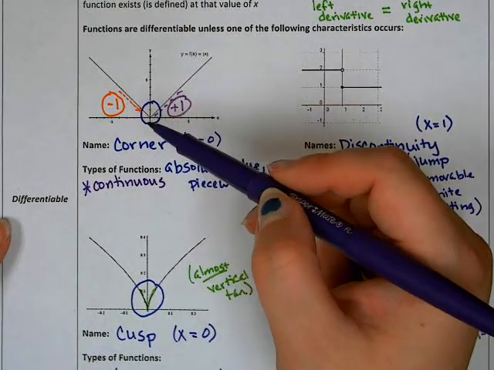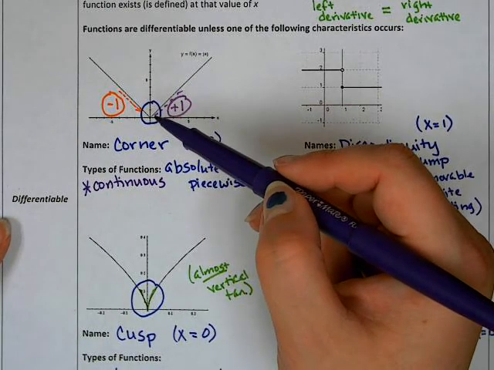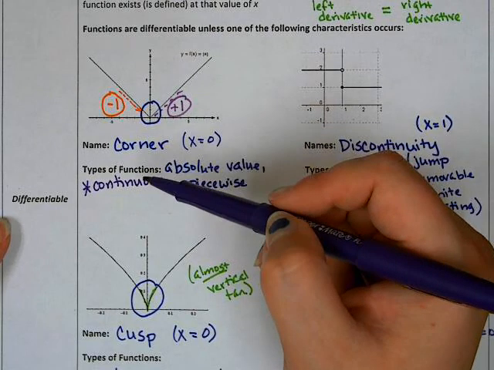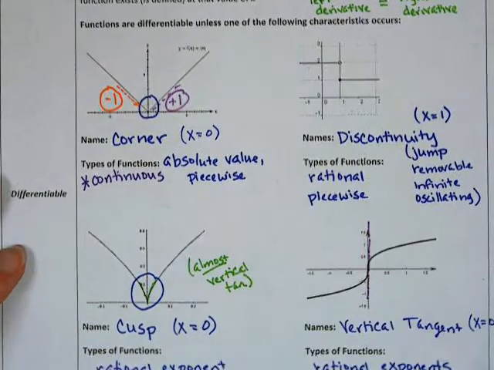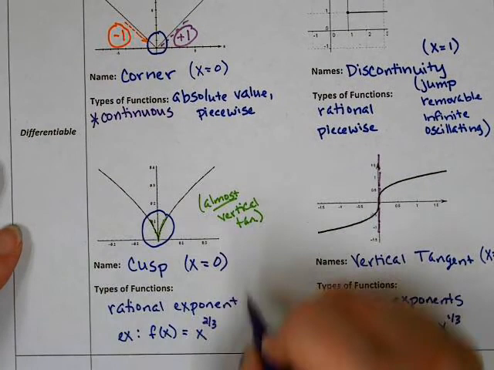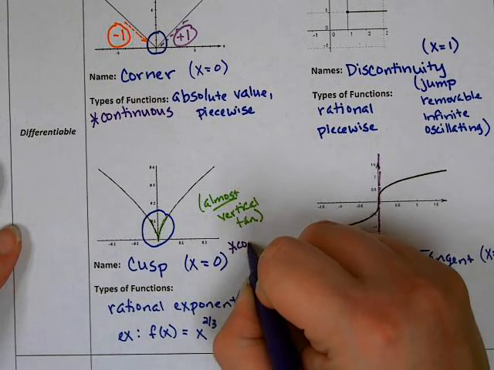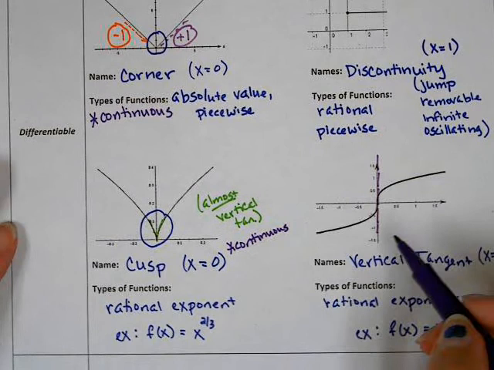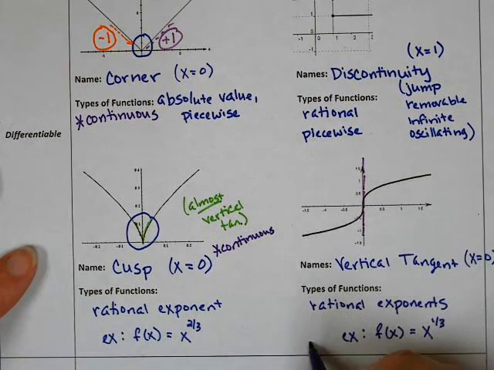As we look at the limits from left and right, and we look at the function value, they're all equal to each other. So this function was continuous. This function down here was also continuous. And the last one was continuous as well.